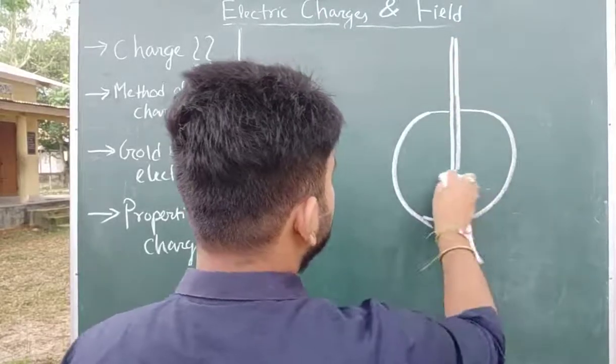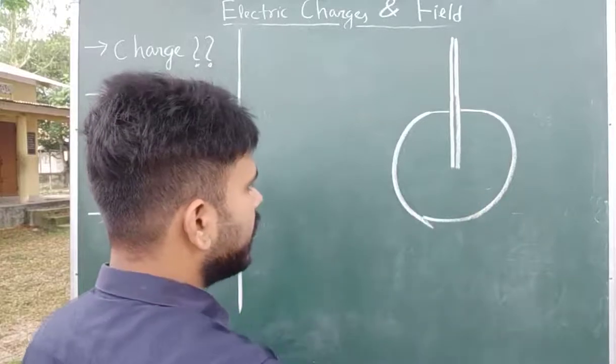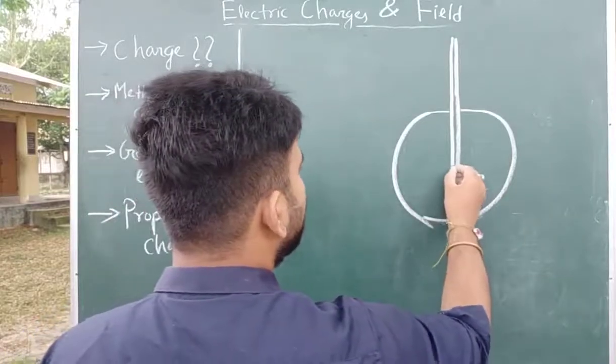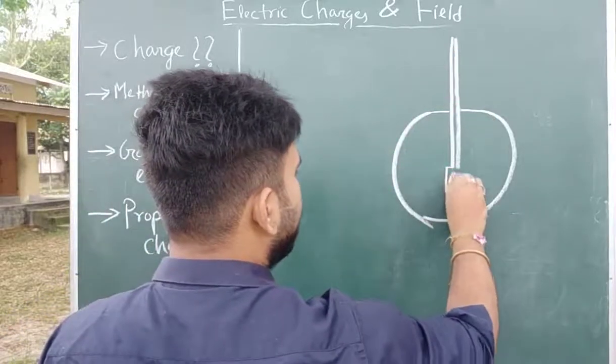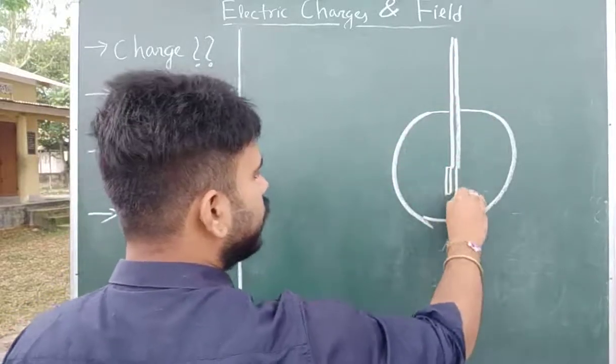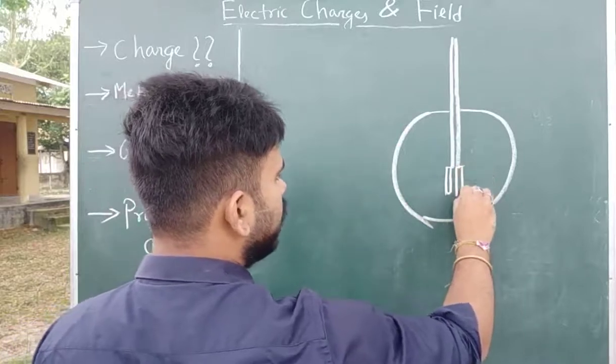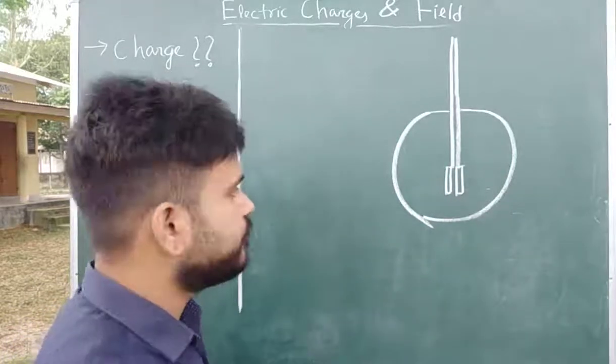It basically comprises a chamber connected by a rod, and on the other end of the rod we have two gold plates.